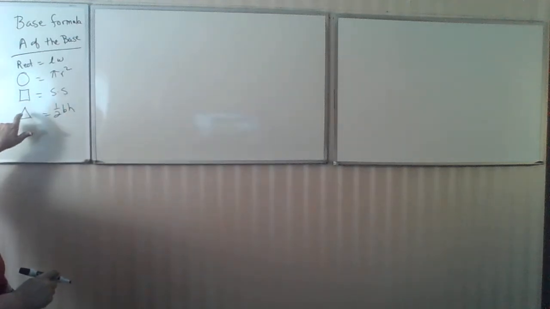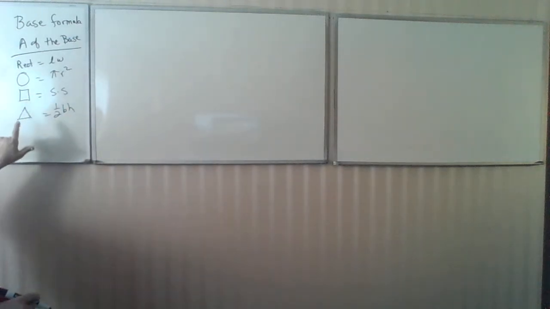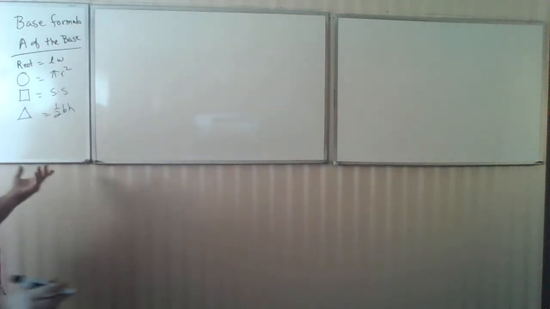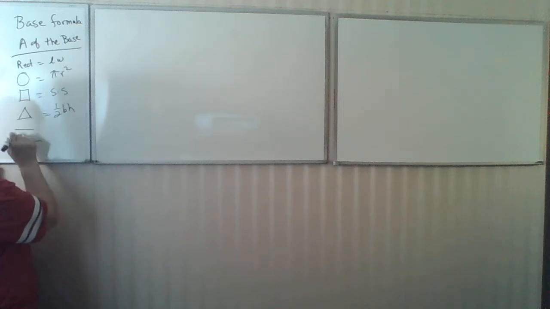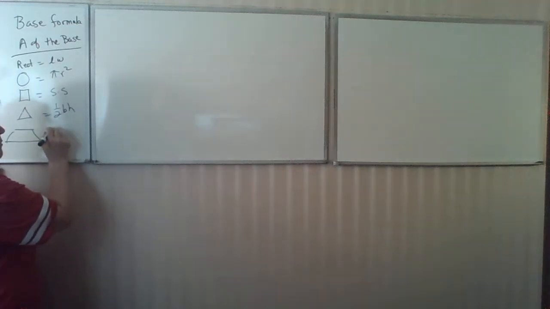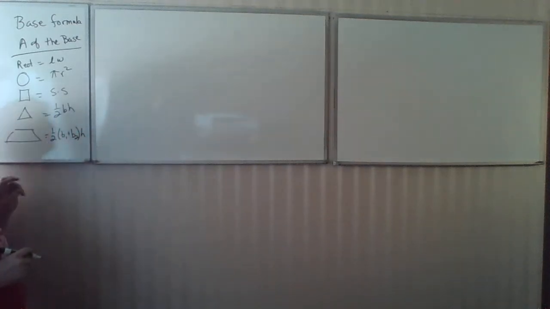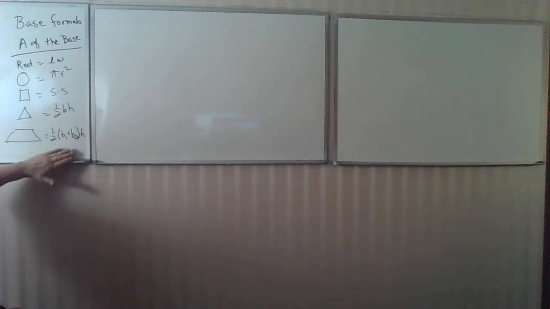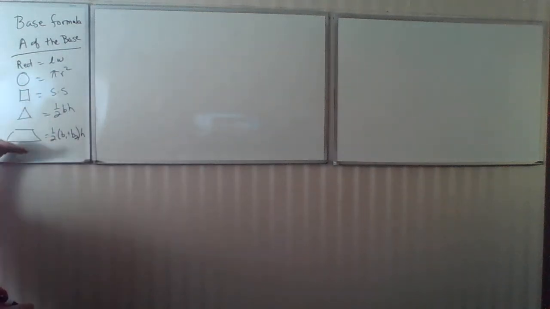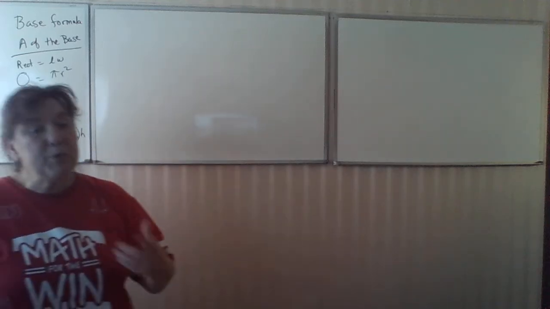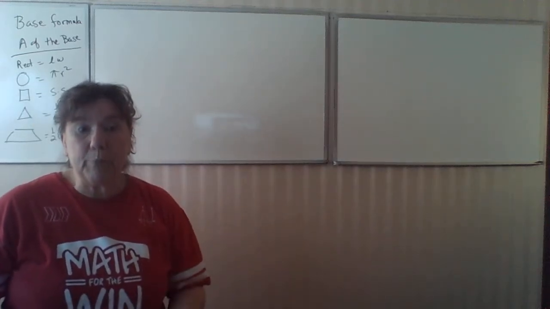And that's the base, not the whole shape, but just the base. We could have a trapezoid, although I don't have any here, but that would be 1/2 b1 plus b2 times my height. So whatever equation gives me the area of my base, that is the base of that particular pyramid or prism.